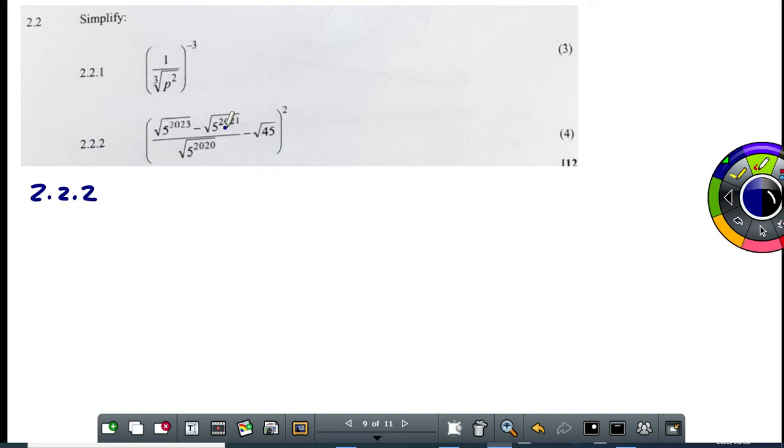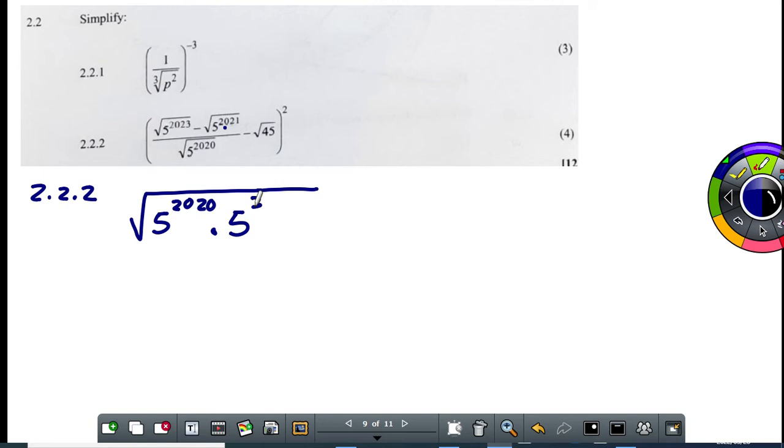So I can write the first one as the square root of 5. This is not the only way, but that's what came into my mind when I first see it, because I'm not using a memory. So I've broken up 5 to the power of 2023 into 5 to the power of 2020 times 5 to the power of 3. Okay?